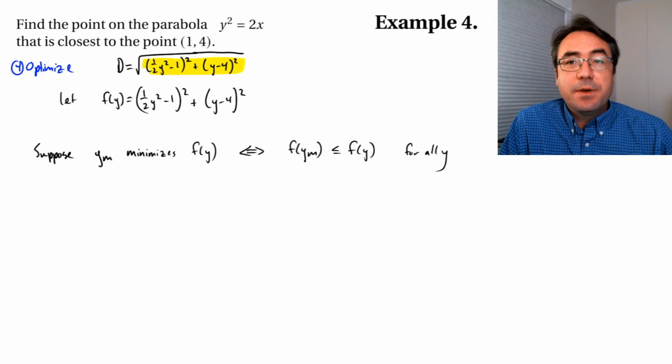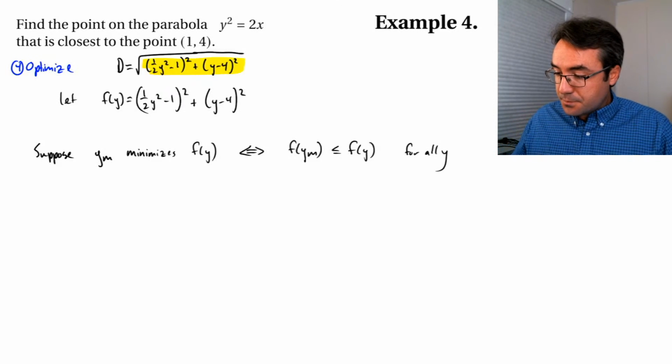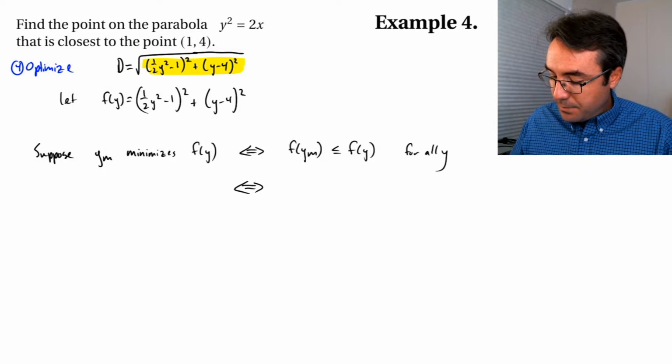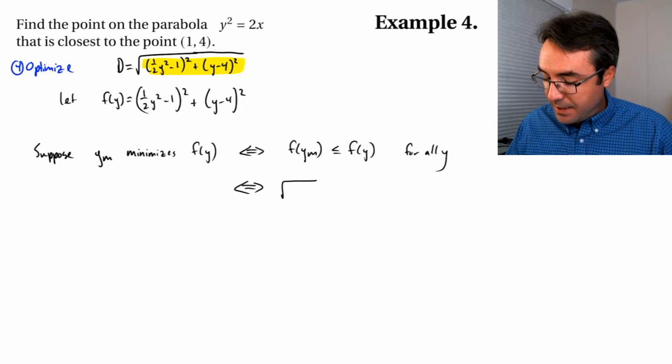So let's suppose that we figured out which y value gives us the minimum of this inner function little f. Well, now let's suppose that we were to apply the square root to both sides of that inequality.